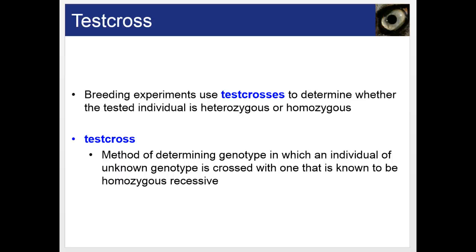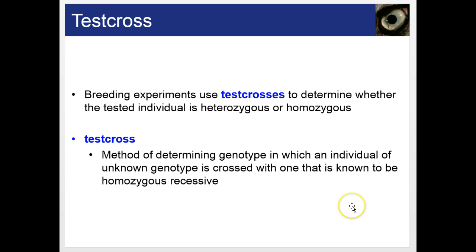For instance, if Mendel wanted to know which flower trait was dominant, he would have done his experiment like he did, making sure all of the purple ones were true breeding and all of the white ones were true breeding, or homozygous for their traits. And then when you cross them, that's the test cross. And by getting all purple in the F1 generation, he could tell that purple must have been the dominant trait. And that's what a test cross is like.